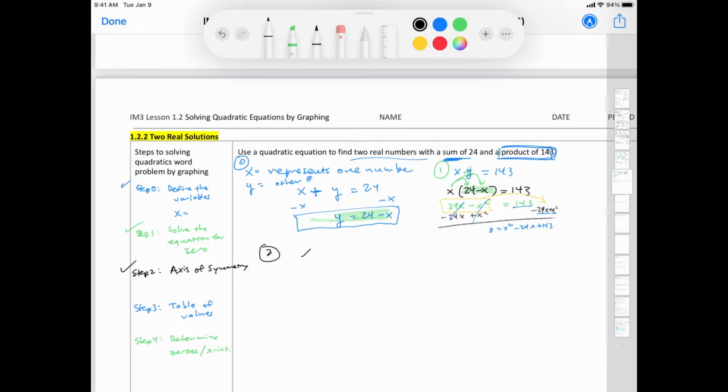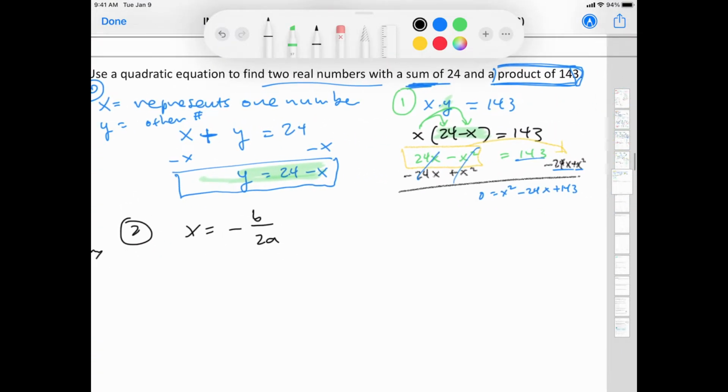The formula is x equals negative b over 2a. And from over here, remember the number in front of x squared is a, so that would be 1. There is b, the number in front of x, and the number all the way over here is just c. So I can just substitute those numbers.